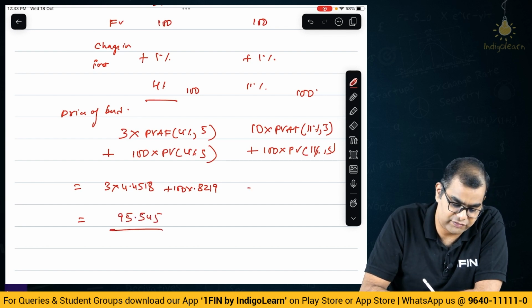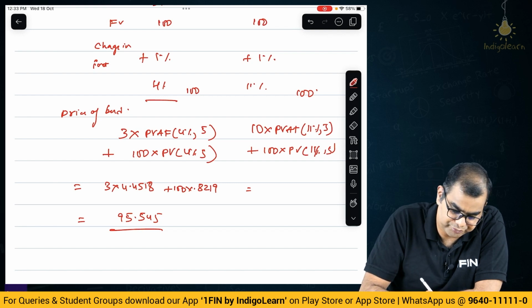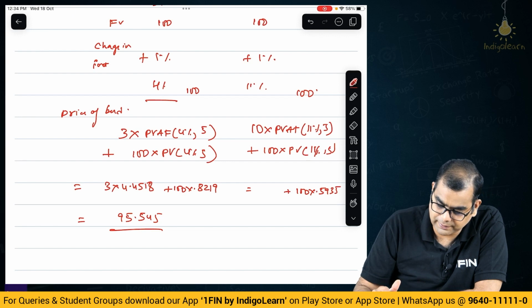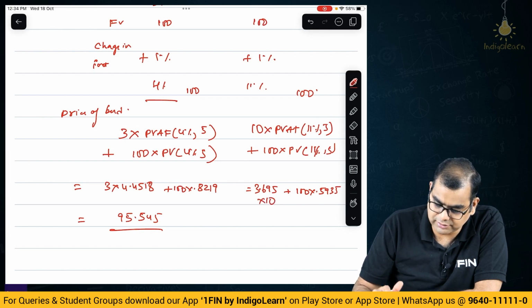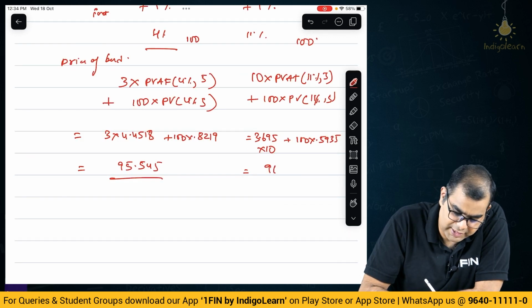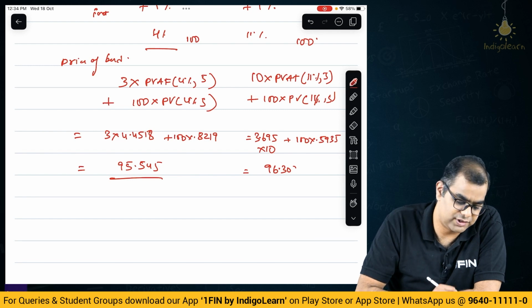Whereas, if you do the same thing for 5 years pricing at 11%, 1 by 1.11 is 0.909: 1, 2, 3, 4, 5. So, this will be 100 into 0.5935 plus 3.695 into 10, plus 59.35. The price will be 96.30. You see which one is more sensitive?